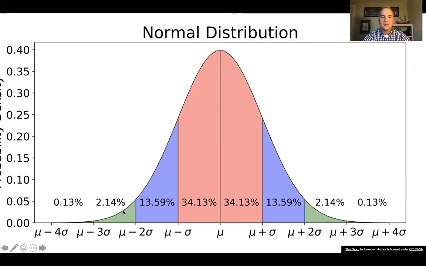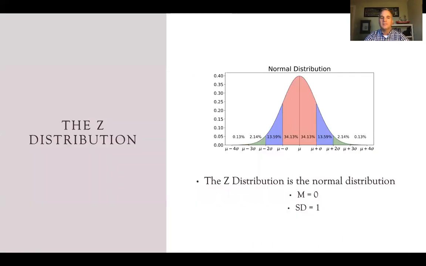So these are the tails that we're talking about here. So about 2.5% of all responses are above 2 standard deviations above the mean. And about 2.5% of responses are below 2 standard deviations below the mean. So about 95% are between those two. And we're going to talk about why that's important.